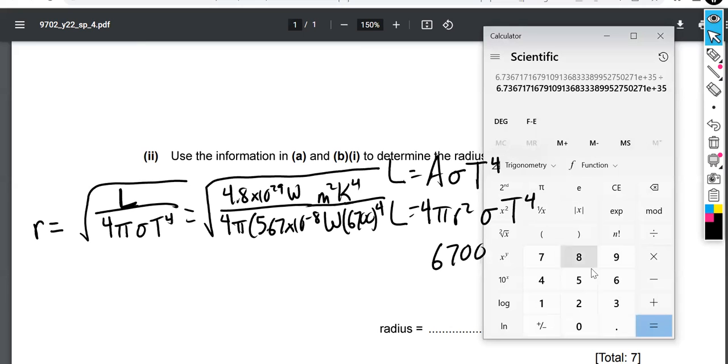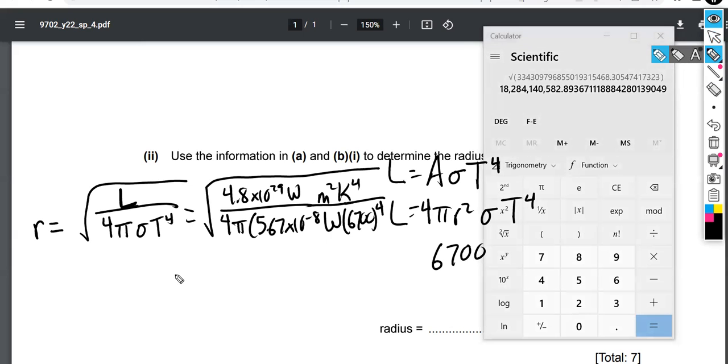And then divided by the temperature of the star, 6,700. Remember, it's a high power law, so that one is raised to the 4th power. So you get an answer there, but remember, all of that is underneath the radical, and so we want to take the square root of that. So here we're solving the radius.